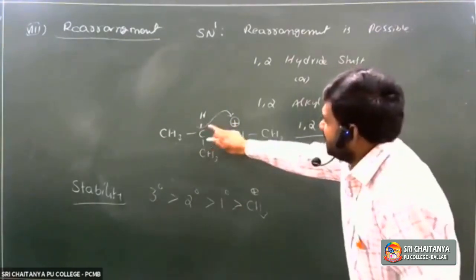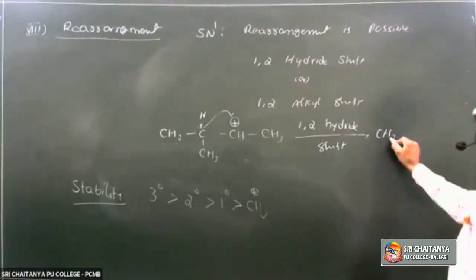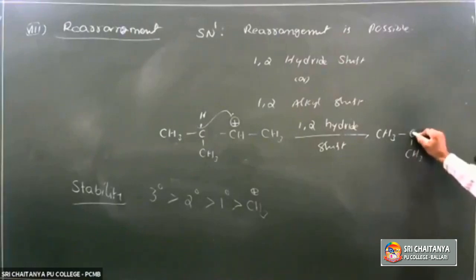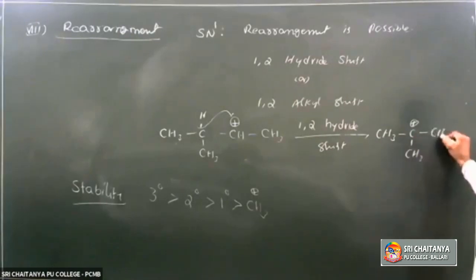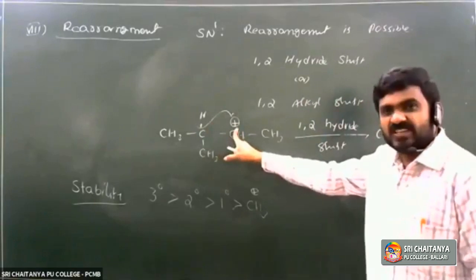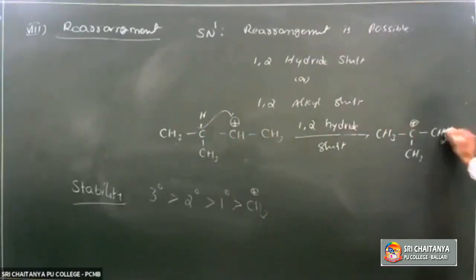So H minus is shifted to this carbon. The carbon that loses the pair of electrons gets a positive charge, becoming electron deficient. The hydride, H minus, is shifted to the CH plus, so the positive charge there is neutralized and it is converted into CH2, next to CH3.